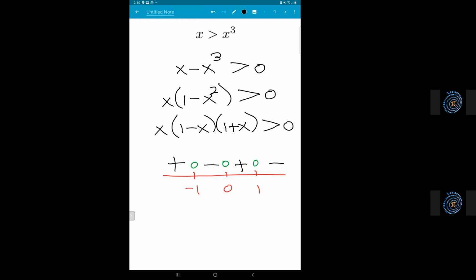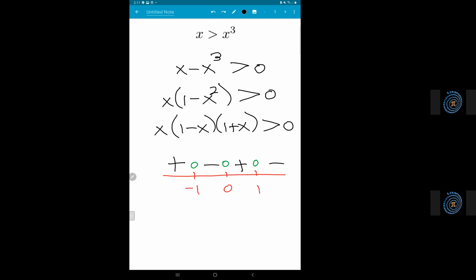So that's the sign chart. It tells us where the expression is positive, where it is negative, where it is zero, and where it is undefined. Now you can solve the inequality using that sign chart. You want the expression to be strictly greater than zero, that is positive.